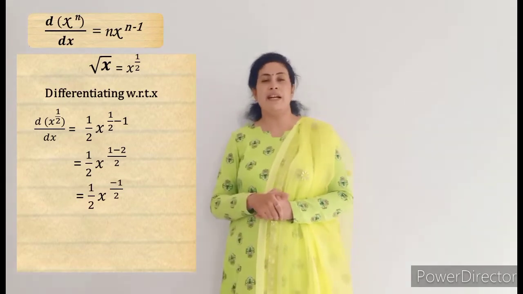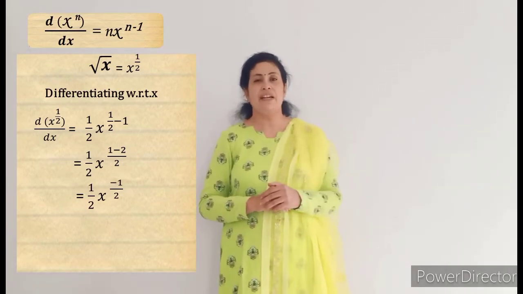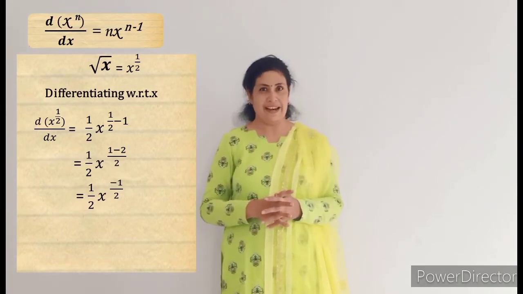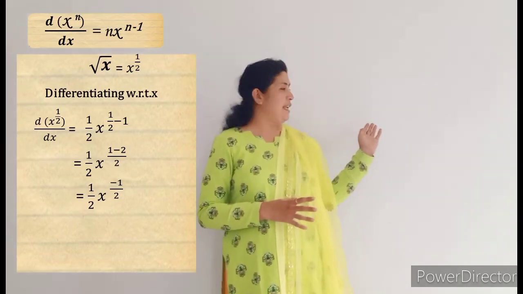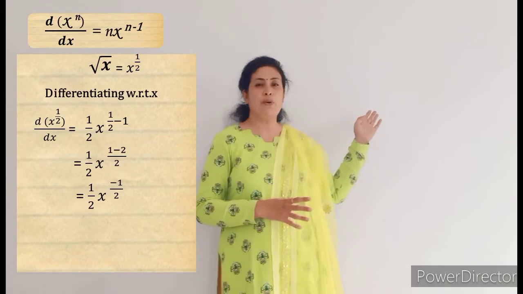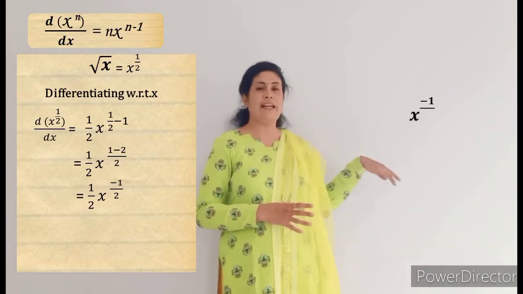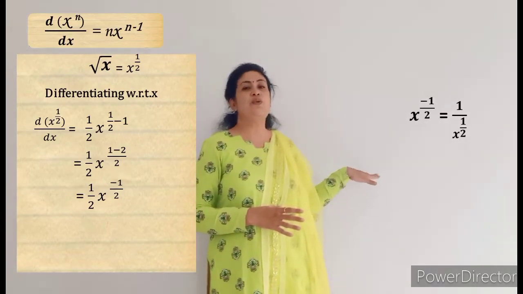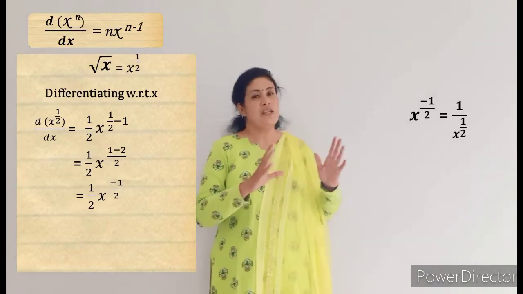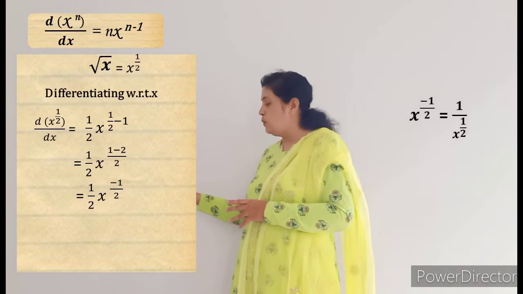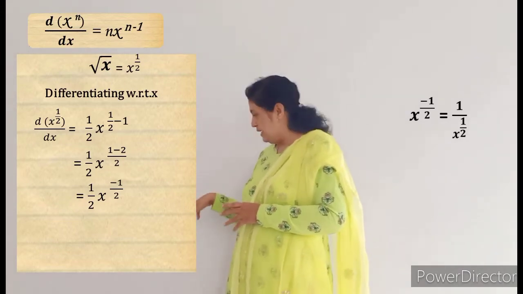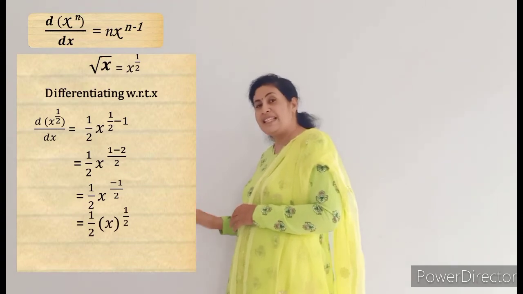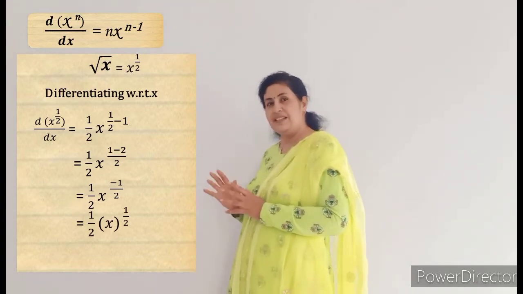We have studied previously that if the index is negative and we take its reciprocal, then it becomes positive. So x raised to minus 1 upon 2, if I take it down, that is 1 upon x raised to 1 upon 2. The same I am going to do here: 1 upon 2 times 1 upon x raised to 1 upon 2.